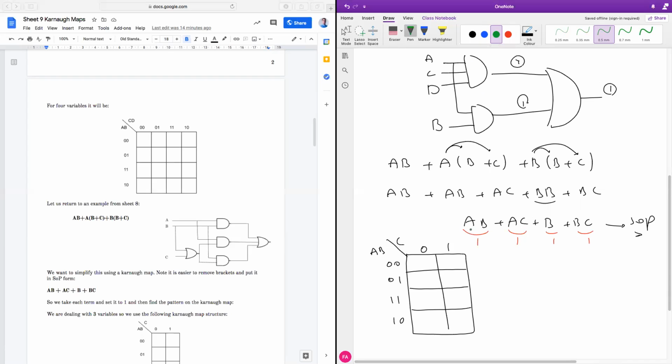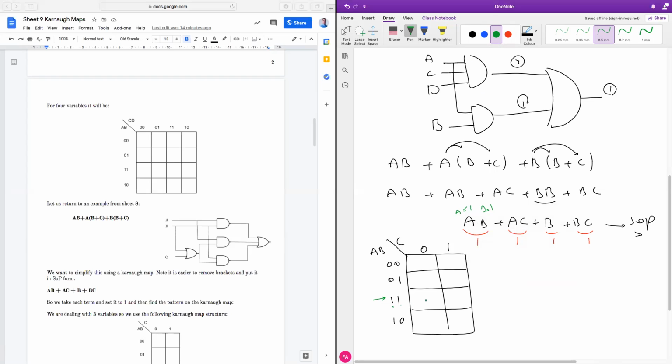Look, when AND gate AB is 1, I know that when A is 1 and B is 1, AB is 1. So when A is 1 and B is 1, look, I'm talking about this row.